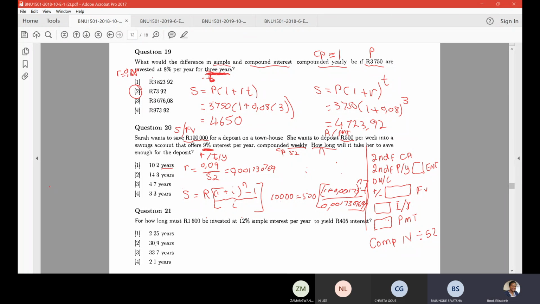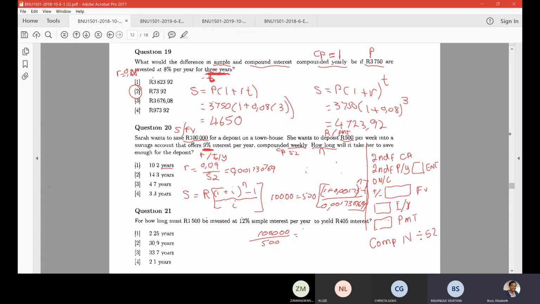So now we can divide 100,000 by 500. So we move this by dividing this side by 500, and dividing this side by 500. So that 500 will cancel out.